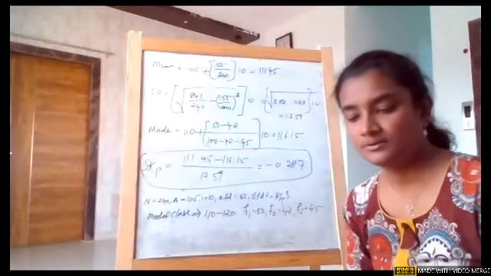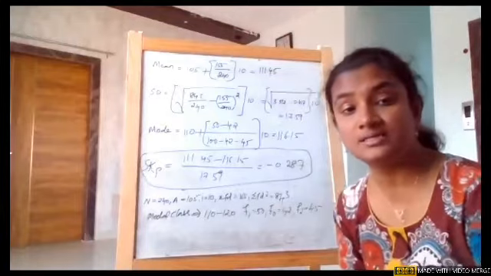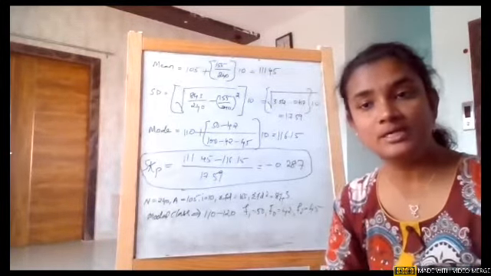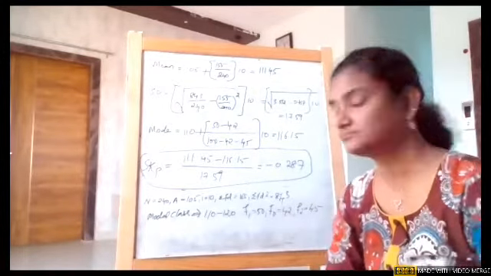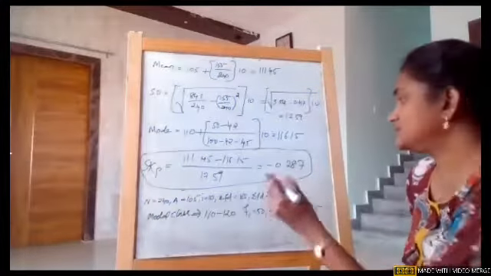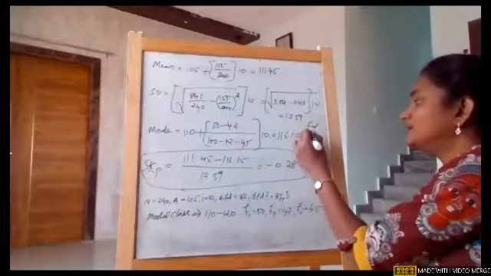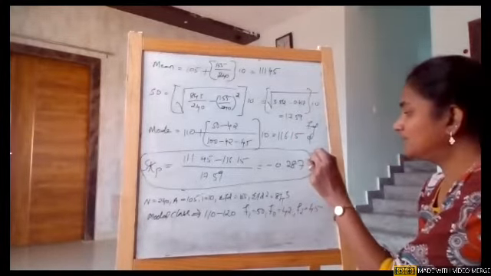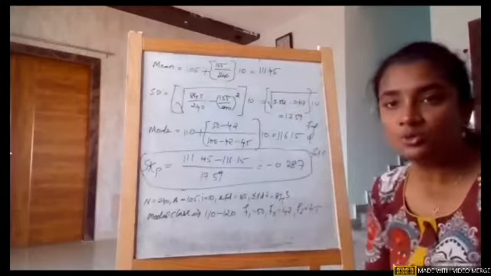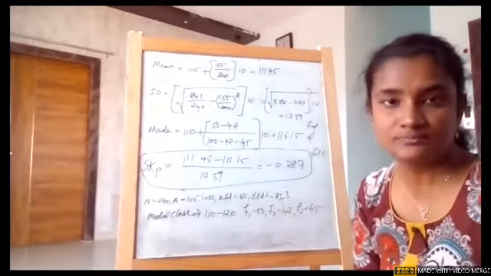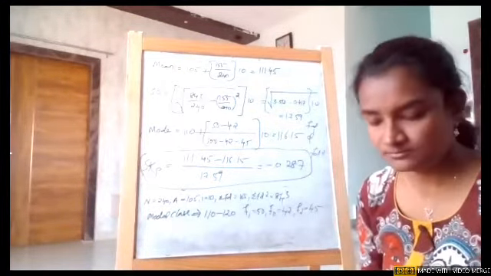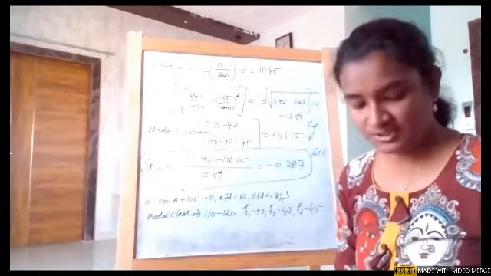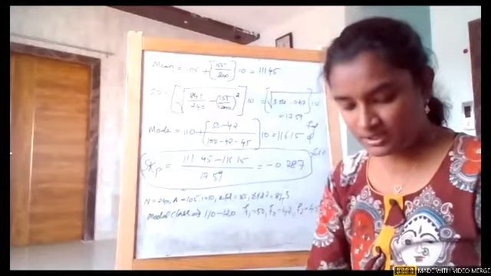It is not FD whole square. It is FD into D. There are two columns you can see, the FD column and another column D. Multiplying that you will get FD square. F into D square it is. Am I clear? Okay, ma'am. Can we proceed to the next method? Any doubt?